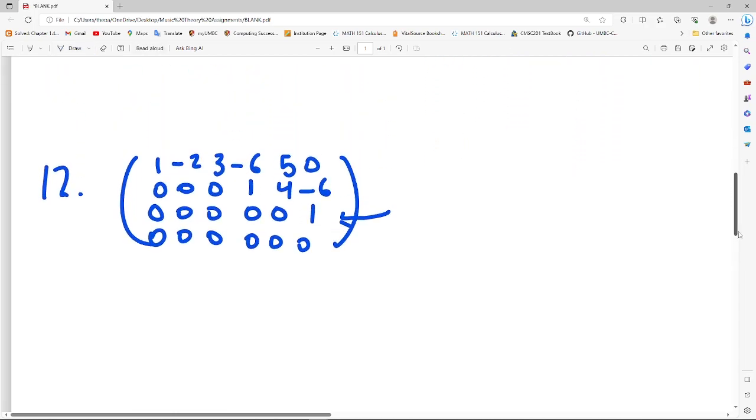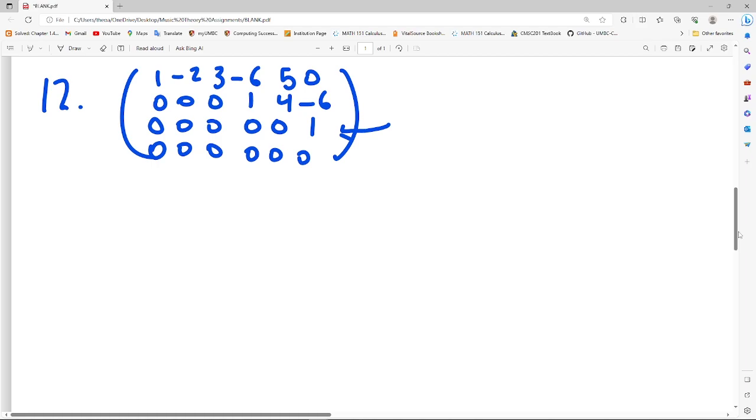Let's move on to the next one. Inconsistent. So what we want to do is check to see which columns have a pivot column. If there's no pivot in the column, it's going to be a free variable.